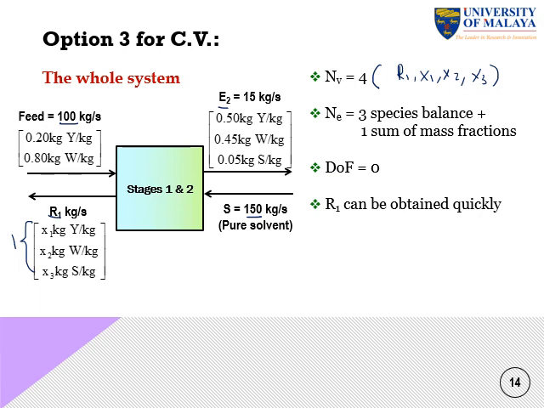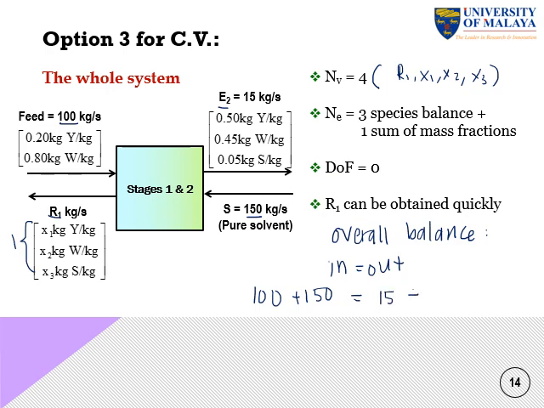But from here, you can obtain R1 quickly. If you see here from the overall balance, input equals output, because this is a non-reactive system. 100 plus 150 equals output, which is 15 for E2 plus R1.